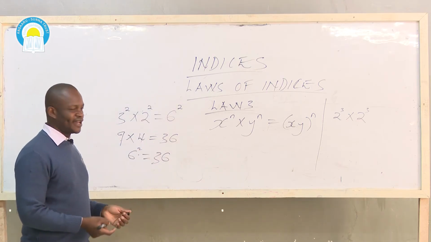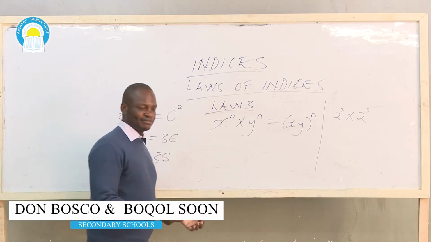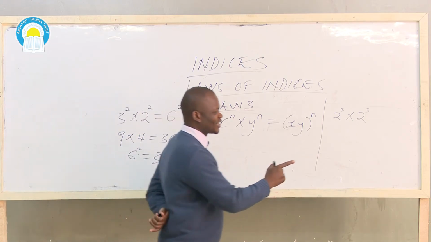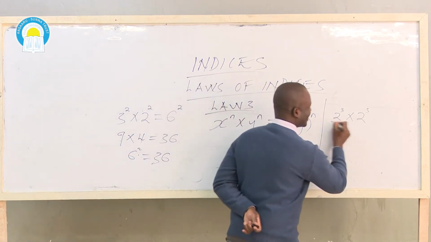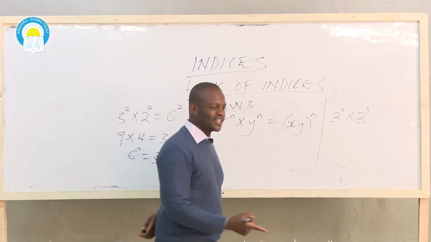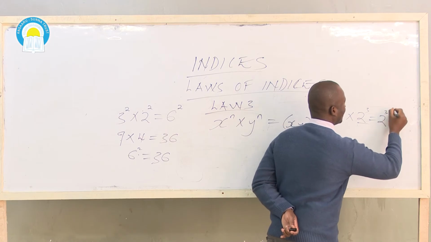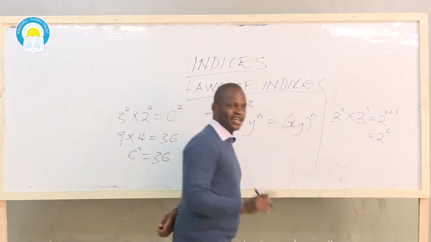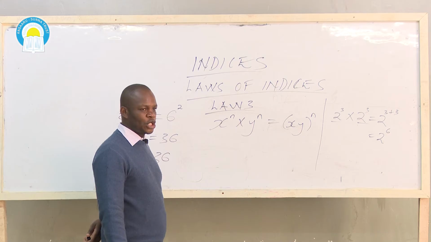In this case, I think both laws will give you the same answer. Now, if we were to use the first law, where the bases are similar and we have multiplication, we add the powers. What shall we get? 2 power 3 plus 3. You get 2 power 6. Now, using your calculator, what is the value of 2 power 6?